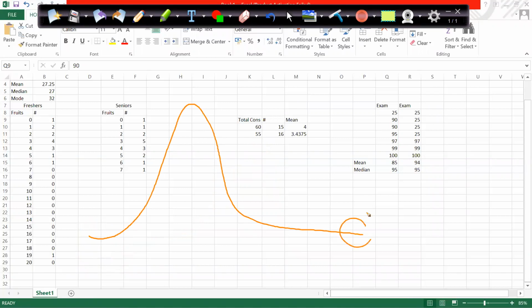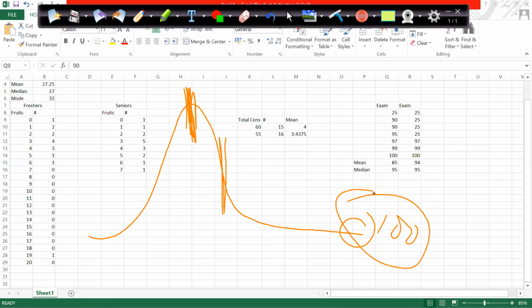There is a guy who is getting 100 marks, but the majority of the people are getting around 30 marks. Now what will happen? My median will be at the center, my mode will be at the center, but my mean will be on the higher side because of this guy, right?